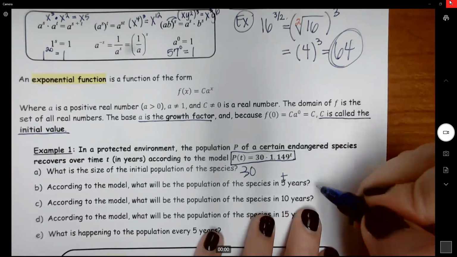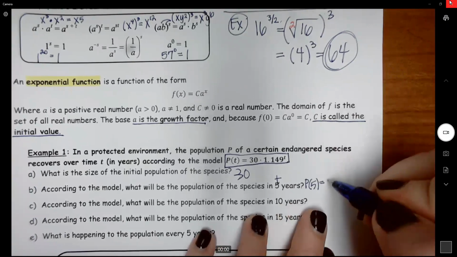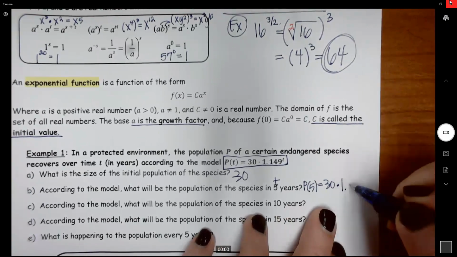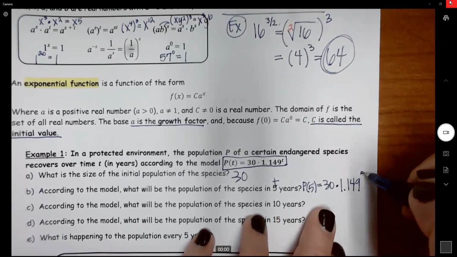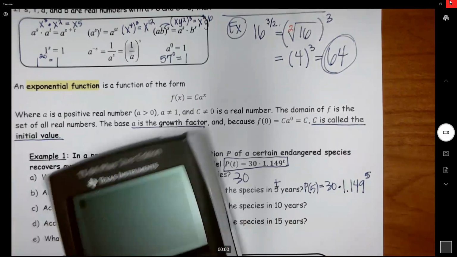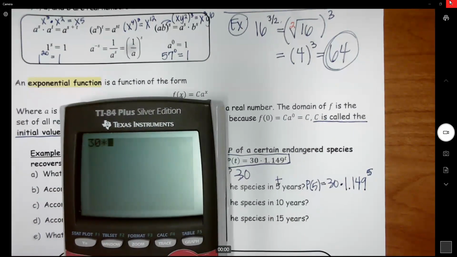So I am going to have P of 5 equals 30 times 1.149 to the 5th power. So we'll put that in our calculator. 30 times 1.149 to the 5th power.